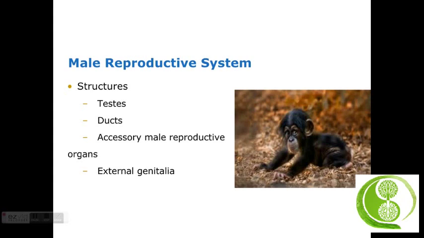Accessory male reproductive organs. Accessory organs produce everything in the semen except the sperm. The seminal vesicles, bulbourethral glands, and prostate gland all secrete fluids containing sugar, vitamins, and enzymes.